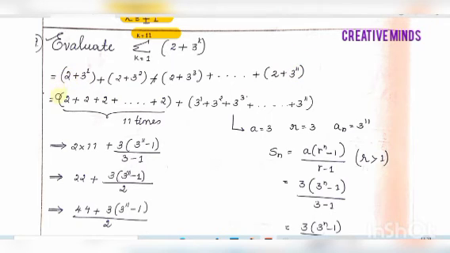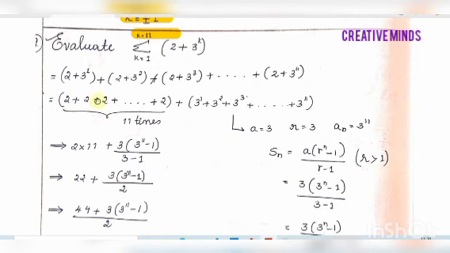Here there are eleven 2s, so we can take 2 outside: 11 times 2, plus 3 to the power of 1 plus 3 to the power of 2 plus 3 to the power of 3 plus 3 to the power of 4, and so on up to 3 to the power of 11.